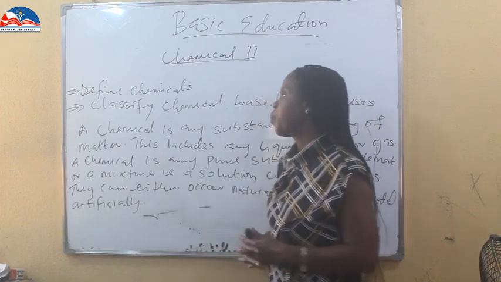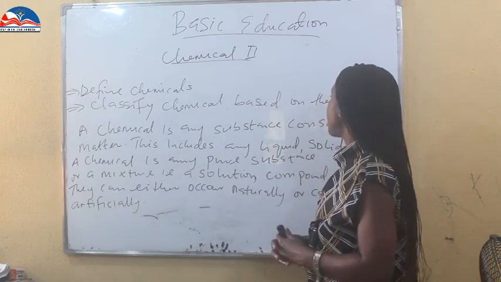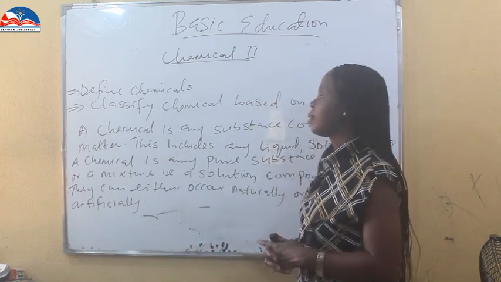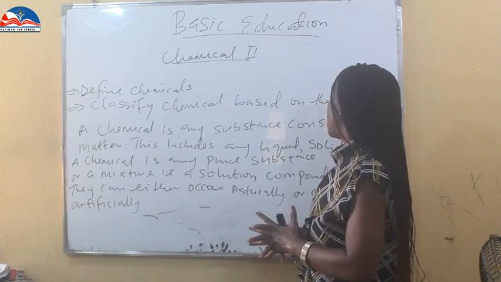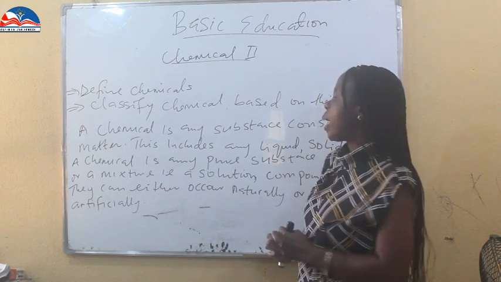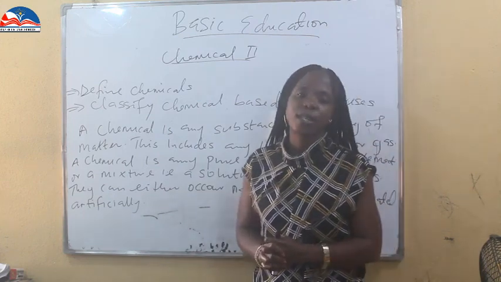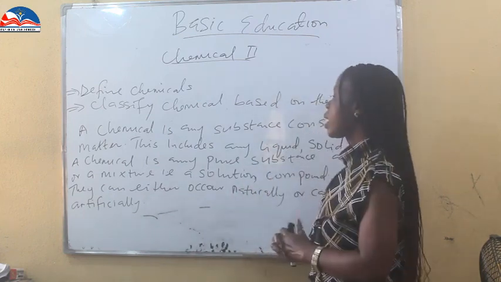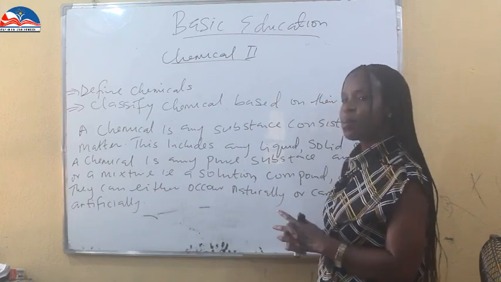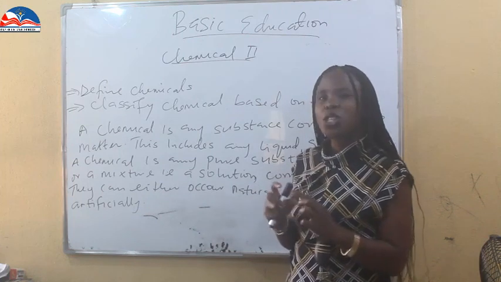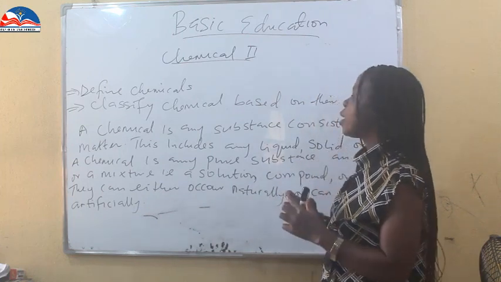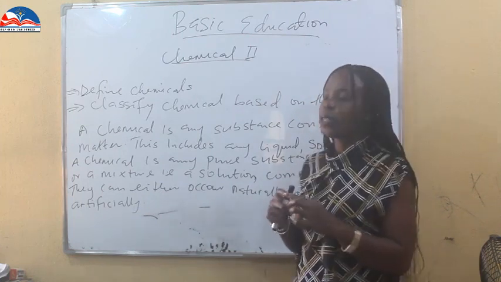But what is a chemical? A chemical is any substance consisting of matter. This includes any liquid, any solid, or any gaseous substance. A chemical is any pure substance, an element, or a mixture, a solution or a mixture of substances.